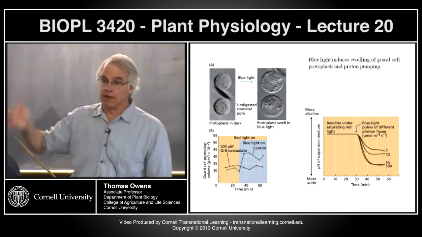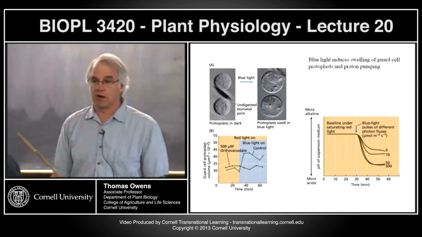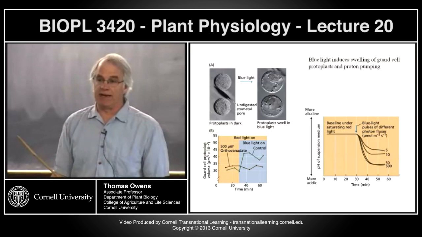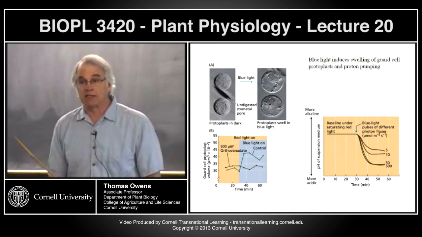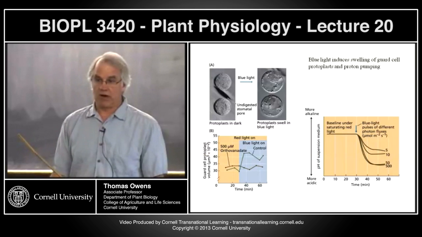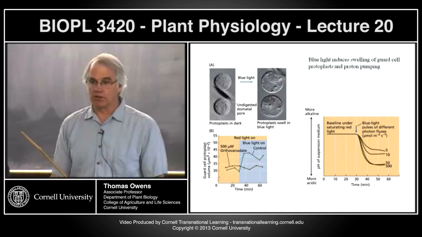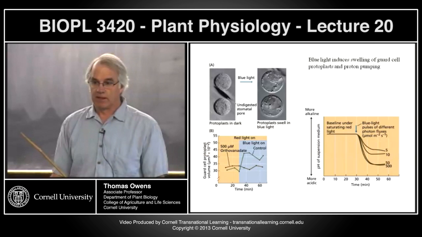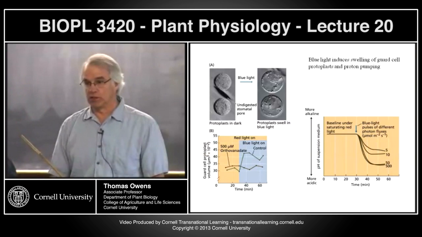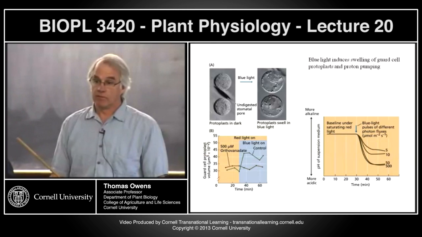Guard cells are not net exporters of carbon. The amount of photosynthetic product that is made in the guard cells is not sufficient to supply the guard cells' carbon demands over 24 hours. Okay, so guard cells remain net importers of carbon from the sources in the plant.